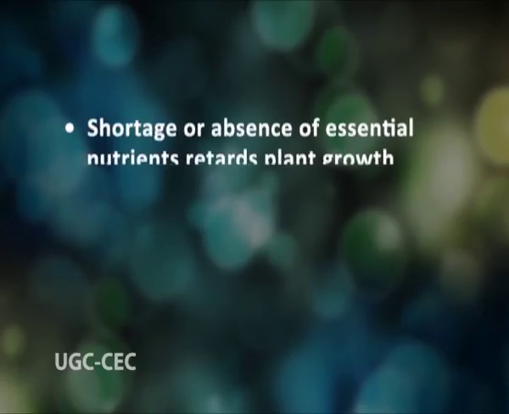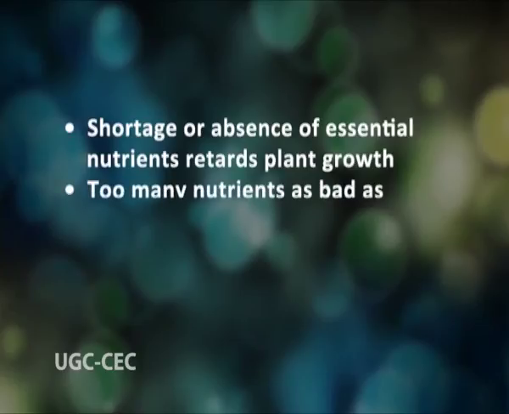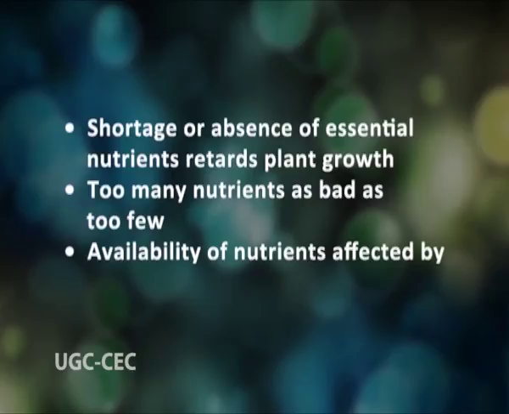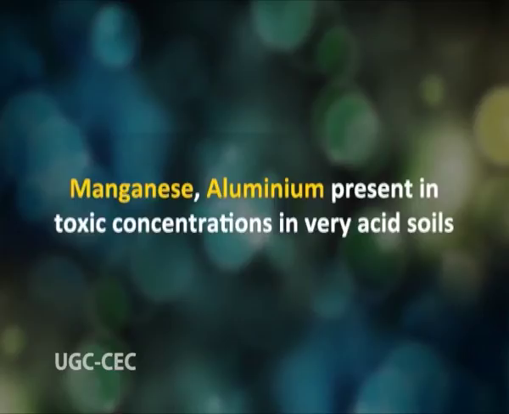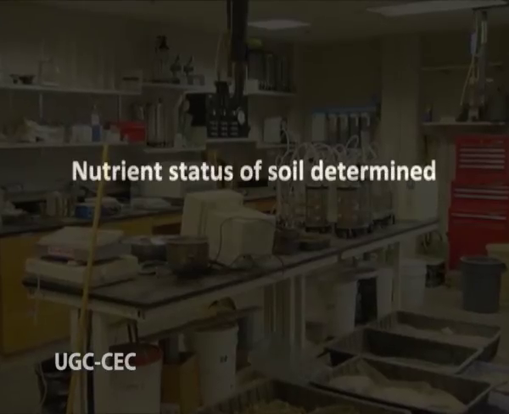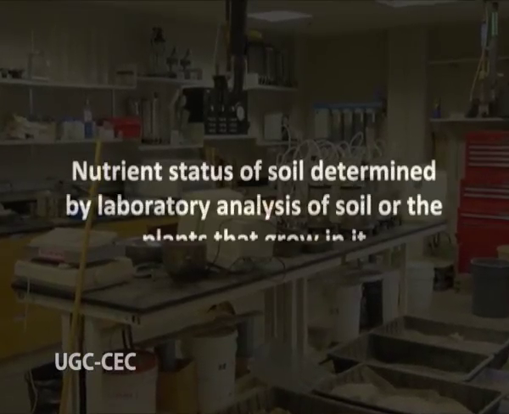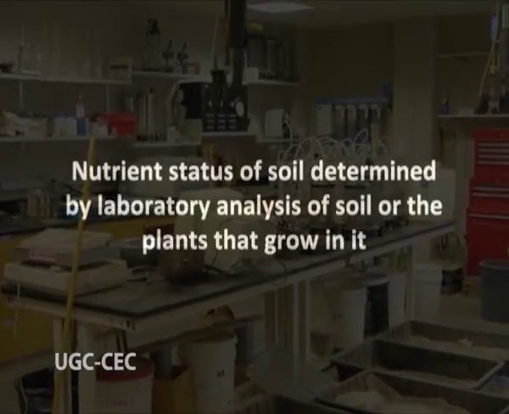A shortage or absence of any one of these essential nutrients can severely retard plant growth. Too many nutrients can be as bad as too few. The availability of nutrients is affected by the pH level of the soil. For example, in very acid soil, manganese and aluminum may be present in toxic concentrations.